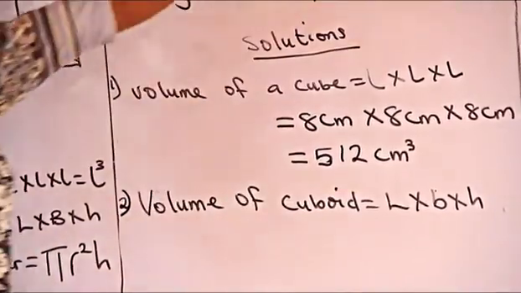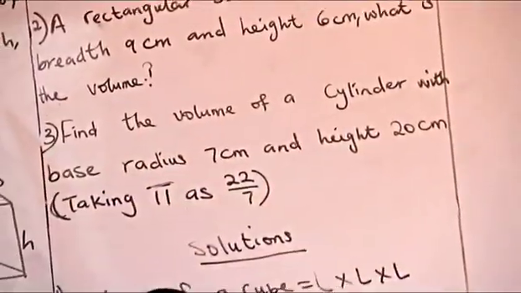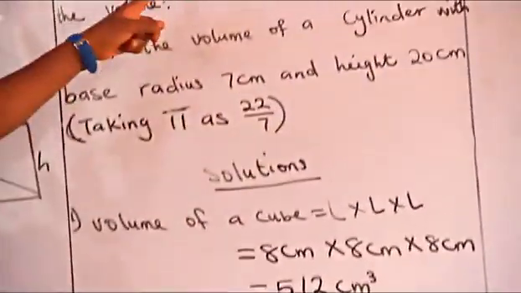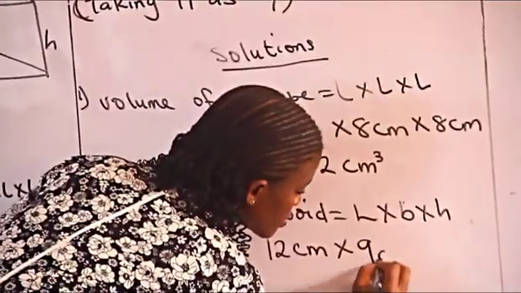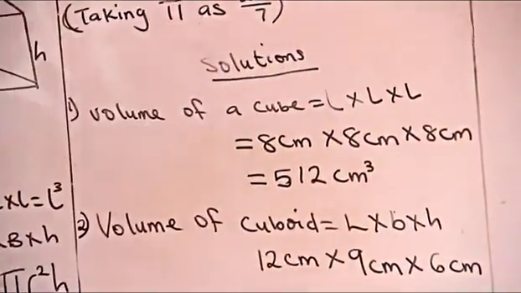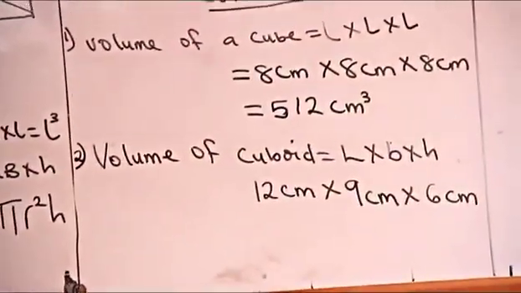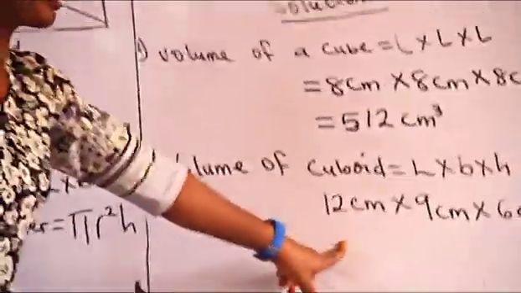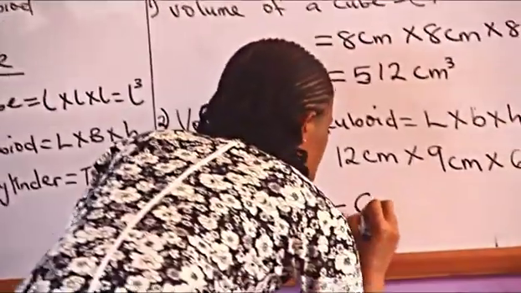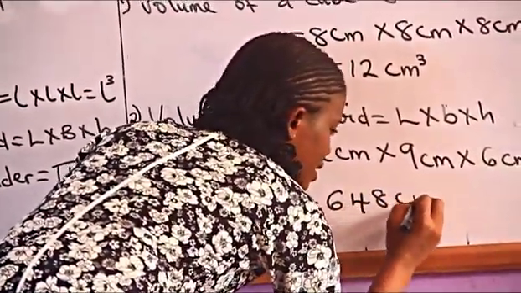Our length has been given as 12 centimeter, breadth 9 centimeter, and the height 6 centimeter. So 9 centimeter multiplied by 12 centimeter multiplied by 6 centimeter would give us 648 centimeter cube.